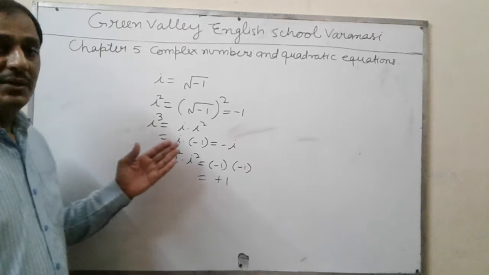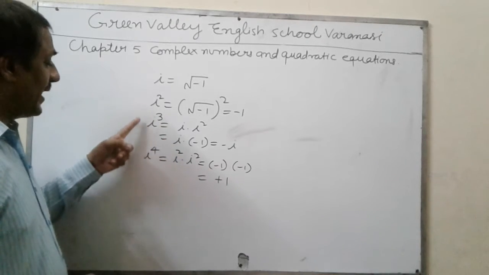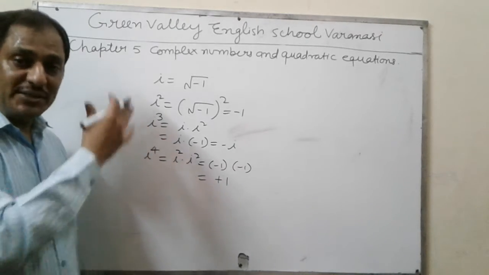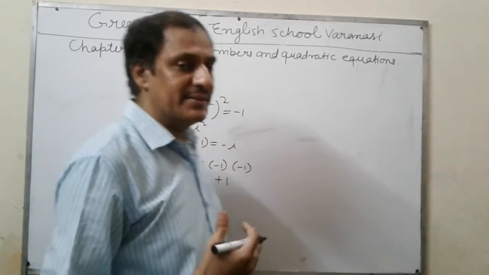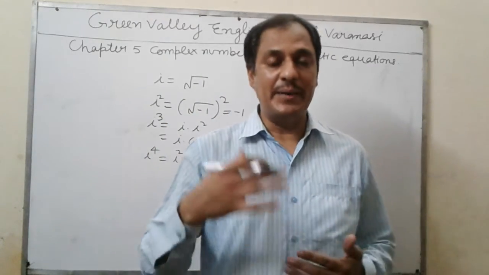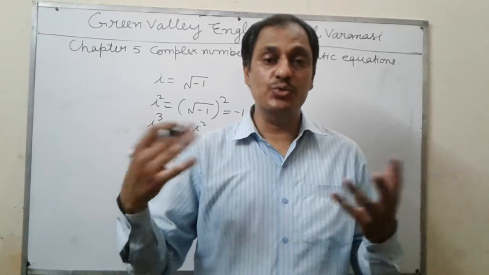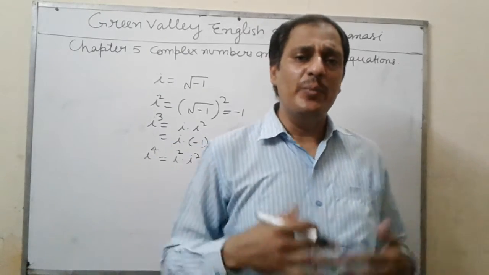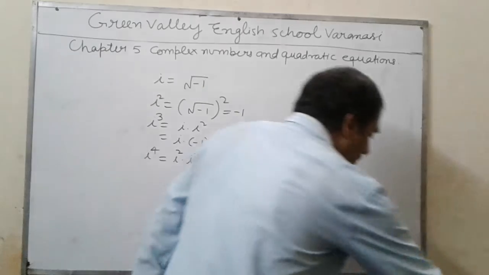Here now how many values do we have? i square, i cube, i power 4. With the help of all these values, children, we can find the value of i power 5, i power 6, i power 60, i power 2000, i power 999. We can find many values.